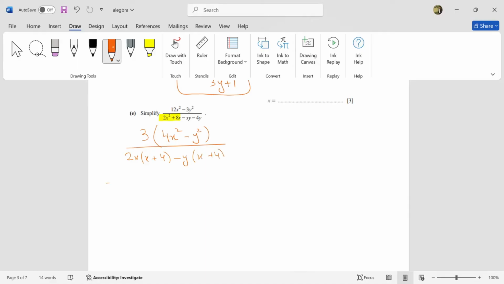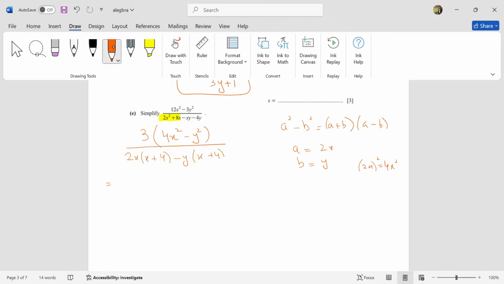If we further check here, again in the numerator, we can apply the third identity: a square minus b square is equal to a plus b, a minus b. Now we are going to select what our a is. Our a here is 2x and our b here is y. Because 2x whole square is equal to 4x square, that is how we decide that our a is 2x.